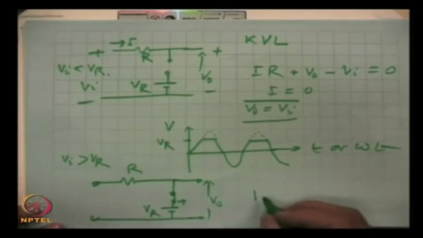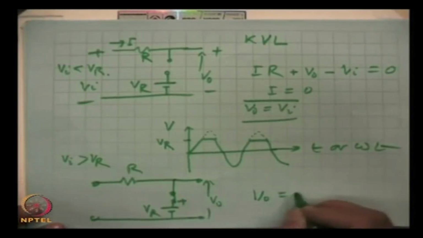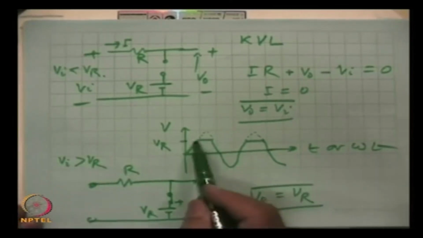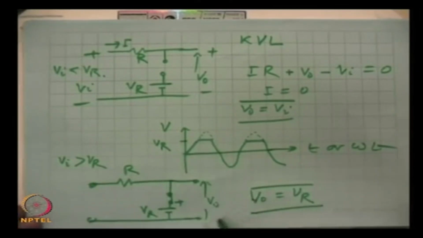So, this will be restricted, V out will be equal to Vr. This is what we have shown here, that output is clamped at Vr.